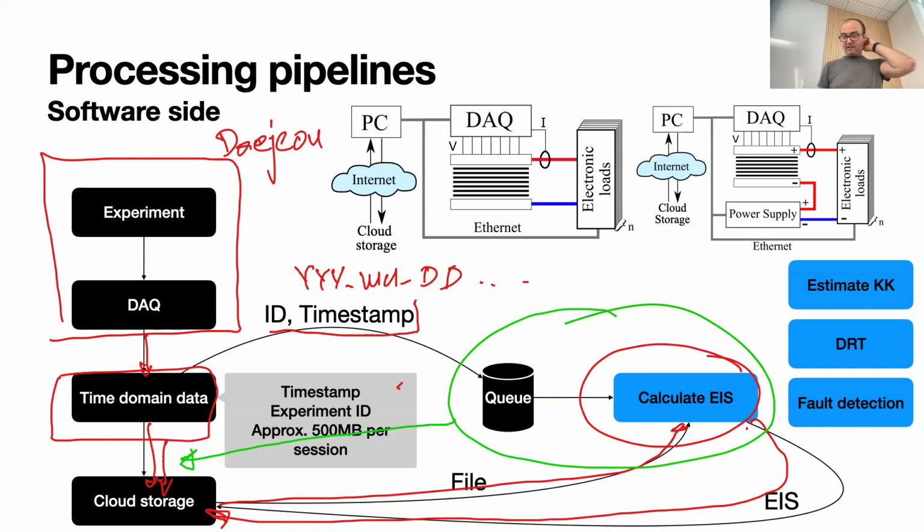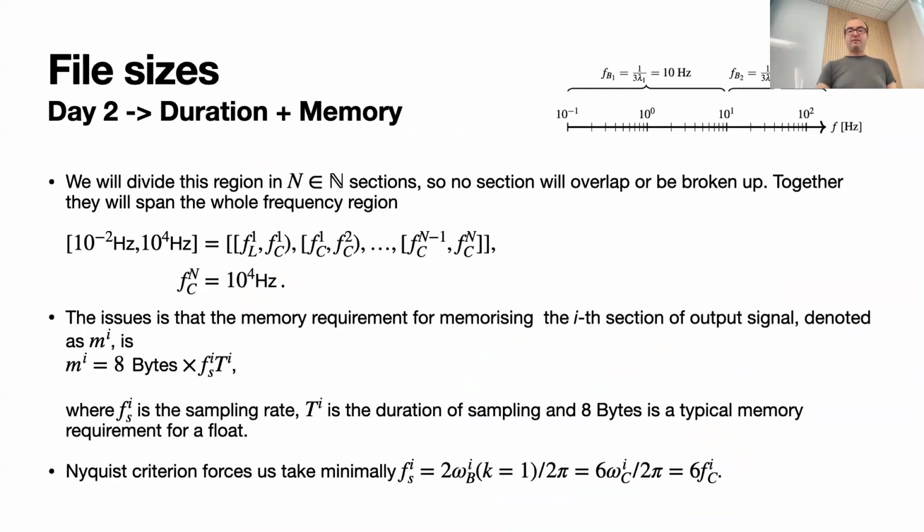Besides calculating the ice, there will be tools that immediately check chronic conditions. And as I already gave you examples, you can then use the ice to calculate TRTs, to do a frequency analysis, and then you use your expertise to do fault detection and so on.